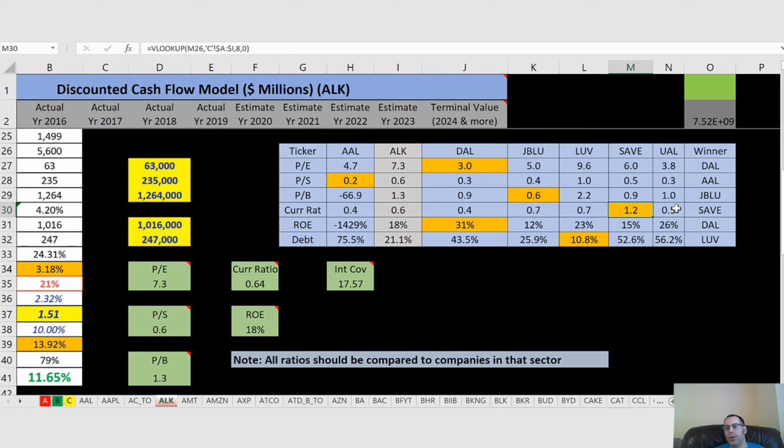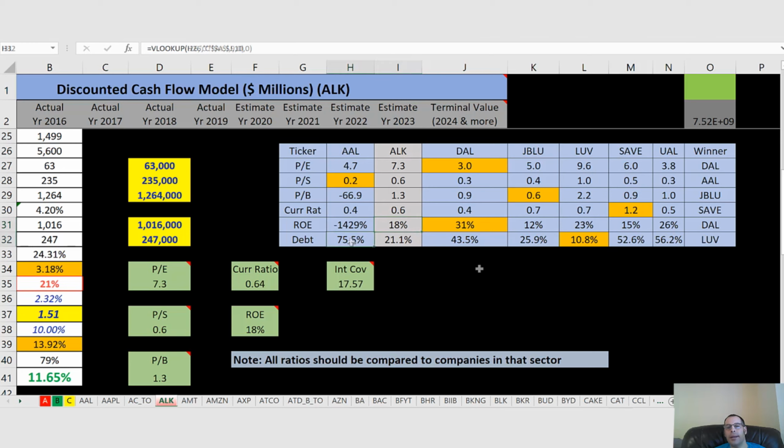But at least for the short term, you may see these companies taking on more debt or posting more losses. The ROE, Delta has the best ROE. Alaska is 18%. So all the airlines aren't too strong in this category. They're okay. But if you wanted to invest in a company with similar risk, you might be able to find that pretty easily that offers a better ROE.